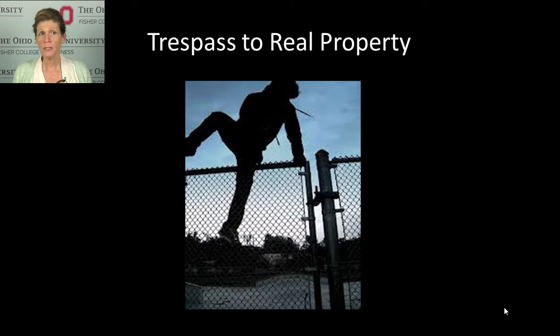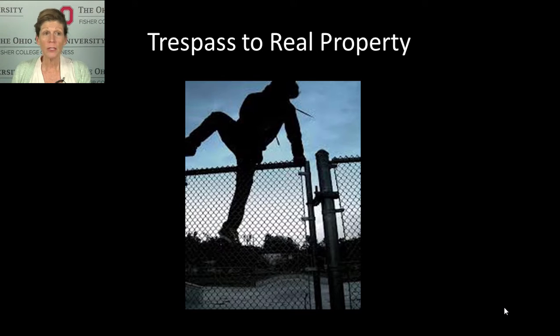So trespass to real property is when someone enters the property, and it's got to be private property. It also can occur if somebody puts an object on the land. So if you throw your backpack over the fence onto the land, that would be trespass to real property.